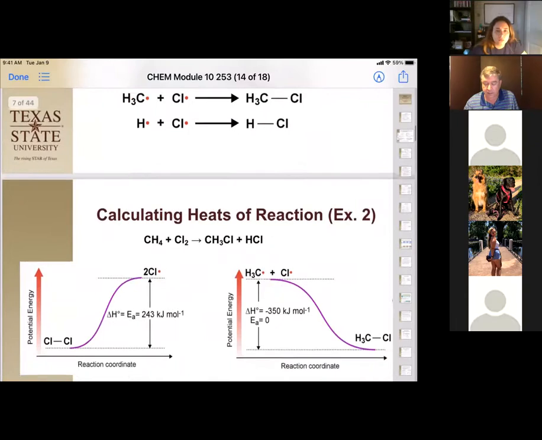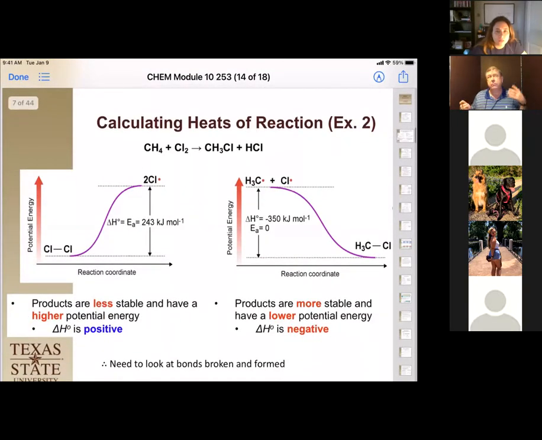So we can take that and start looking at it from a reaction coordinate diagram. The first step is to homolytically break our chlorine-chlorine bond such that each chlorine walks away with one of the electrons from that sigma bond. Now we're going from a made bond to a higher energy state, our radical state. We put energy into it, so it has absorbed energy to get to that higher energy state.